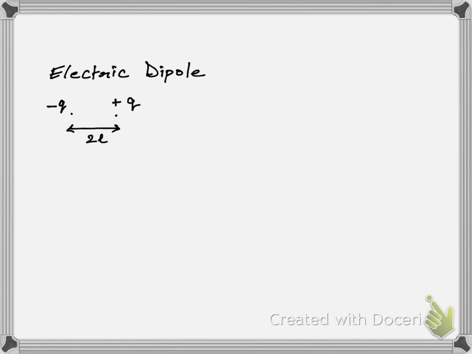The strength of the electric dipole is given by the quantity named electric dipole moment, which is defined as the product of the magnitude of the charge and the distance of separation, which in this case is 2L.